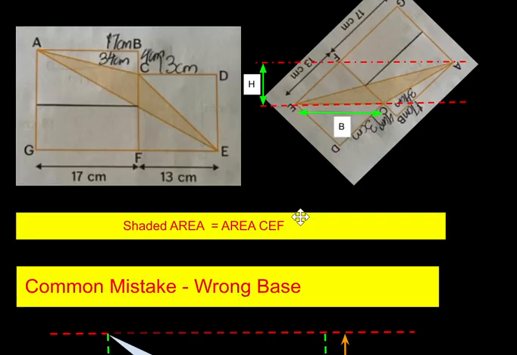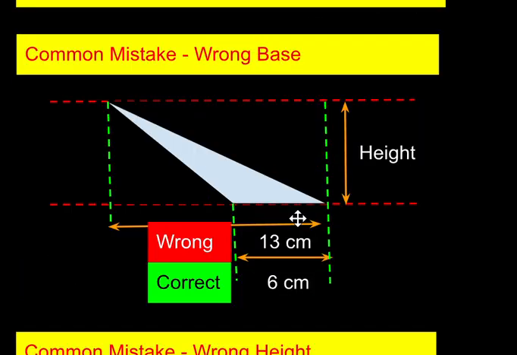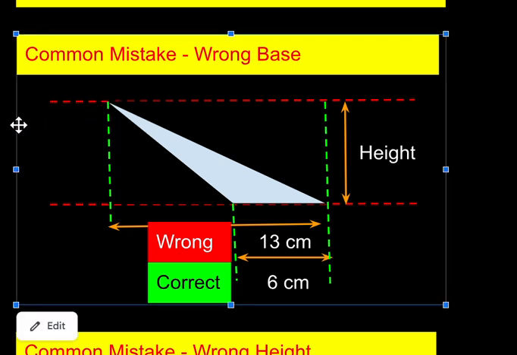Next, I will talk about the common mistakes that students will always make. When given an obtuse triangle that looks like this, with the height given, the student has no problem identifying the height, but somehow they will always use the wrong base because they see the tip of the triangle is here.